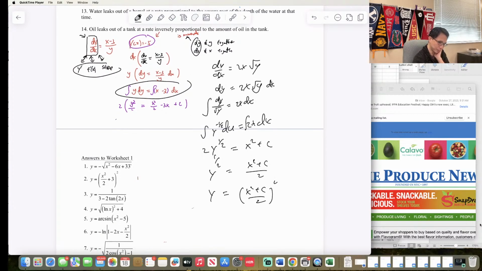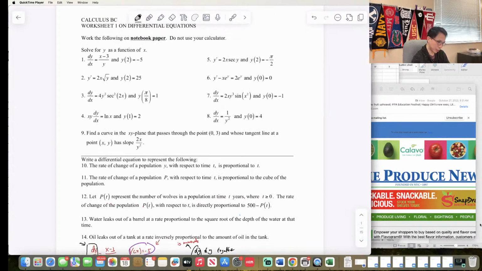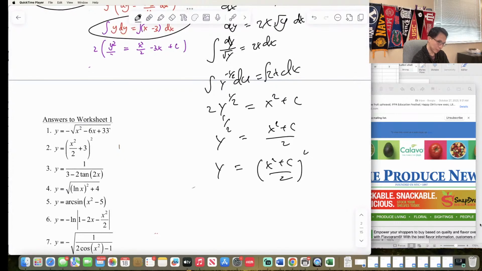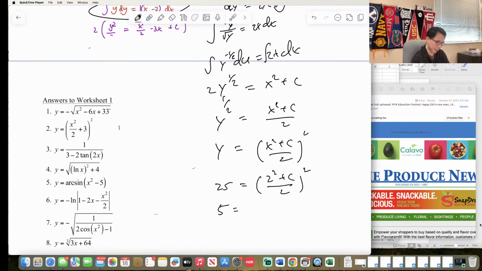squared. Now I'm going to figure out what the initial condition is. So it's 2 and 25. So 25 is equal to 2 squared plus c over 2, squared. Square root both sides is going to give you 5 equal to 4 plus c over 2.